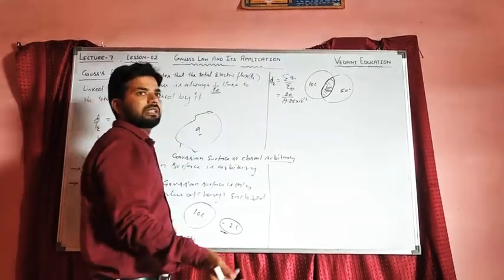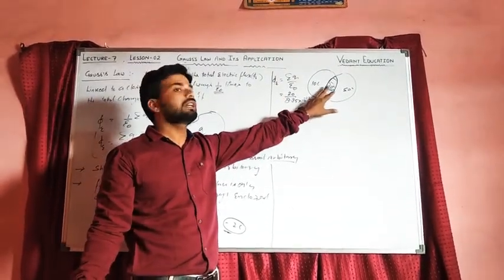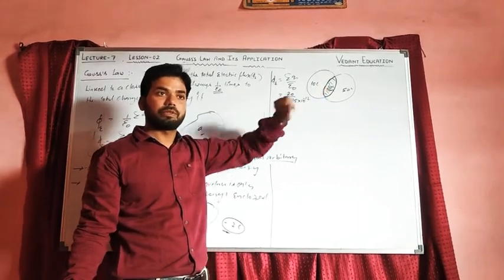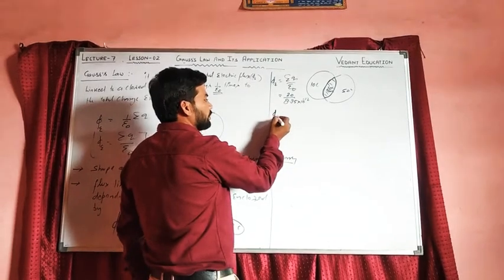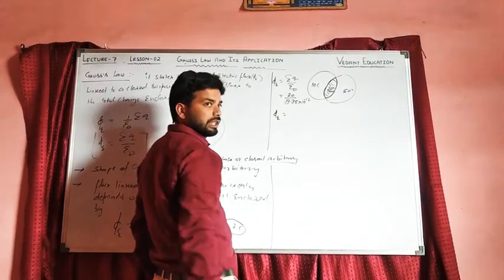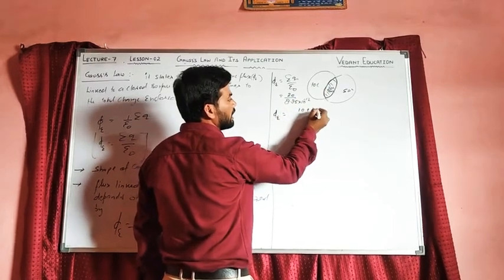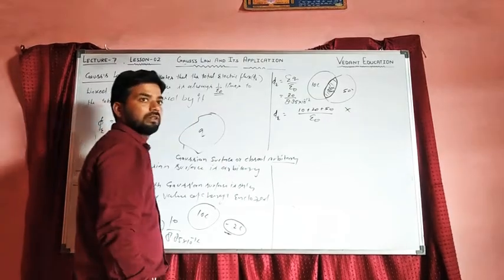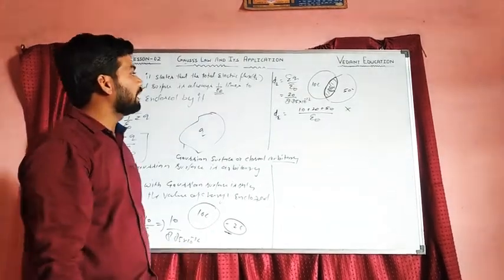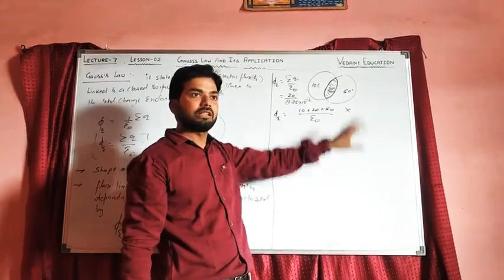By calculating this, you will get the value of the electric flux linked with the shaded portion. Some students write the answer as summation Q, 10 plus 20 plus 50, divided by epsilon 0. This is wrong, because he is asking only for the flux linked with the shaded portion, right?